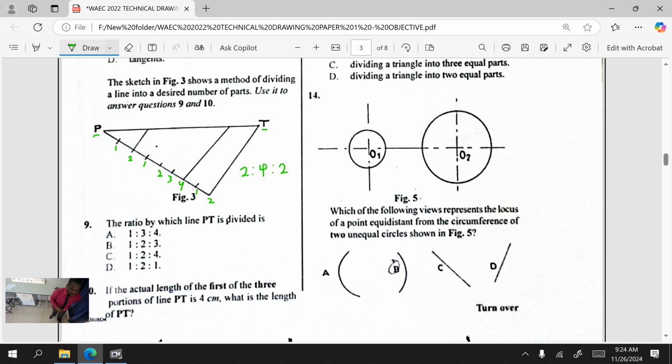But if you look at the options, they're not giving you something like this. So they simplify to the smallest ratio. What can go into all these numbers? 2 can go. So 2 in 2, we have 1. 2 in 4 is 2.